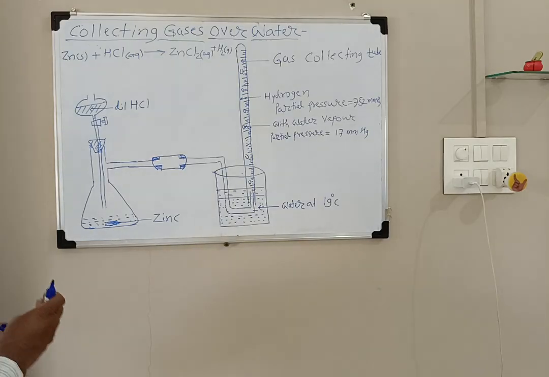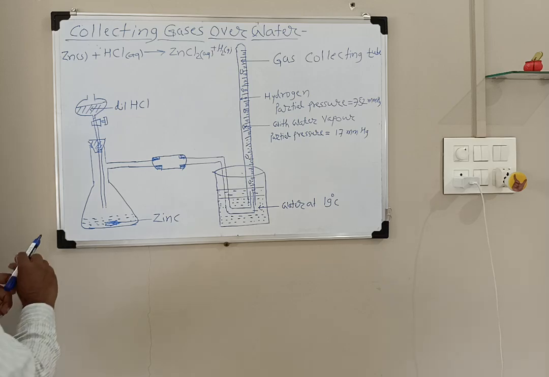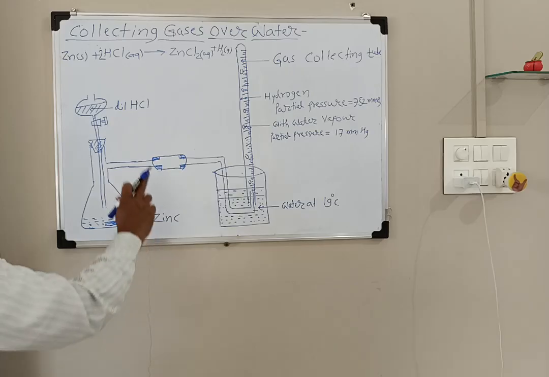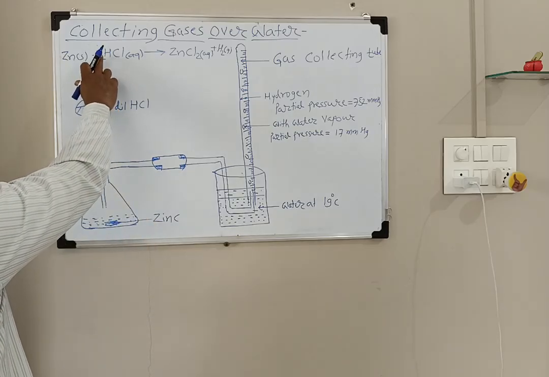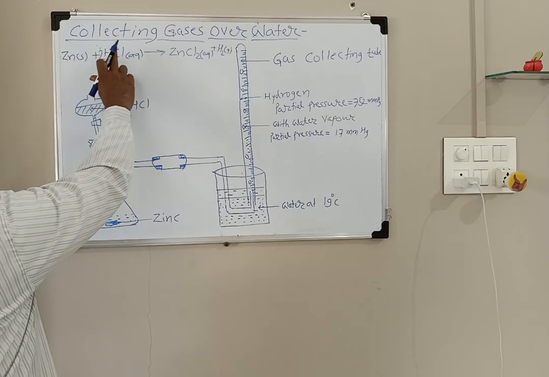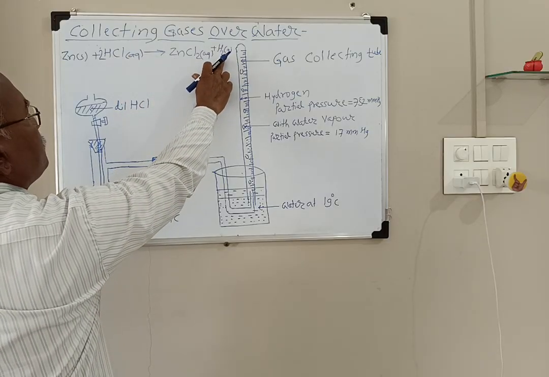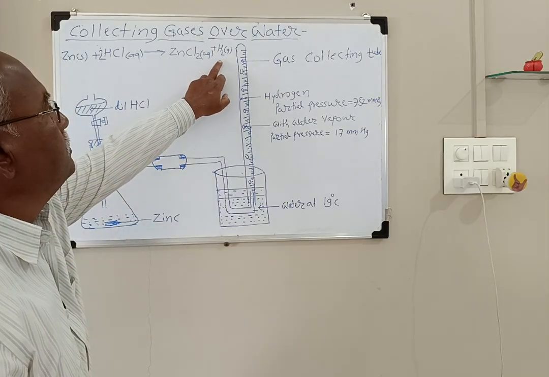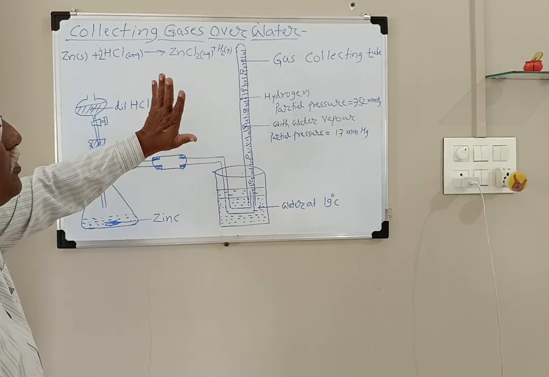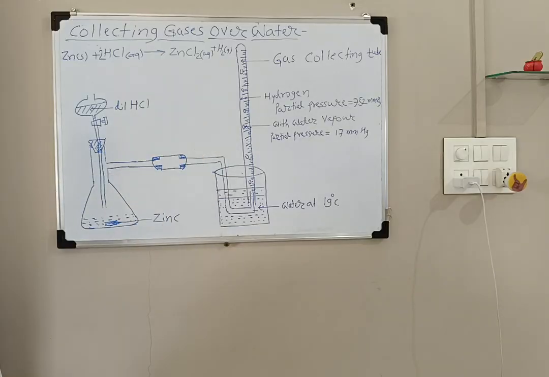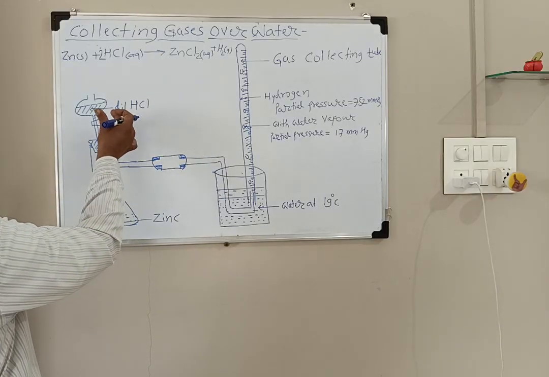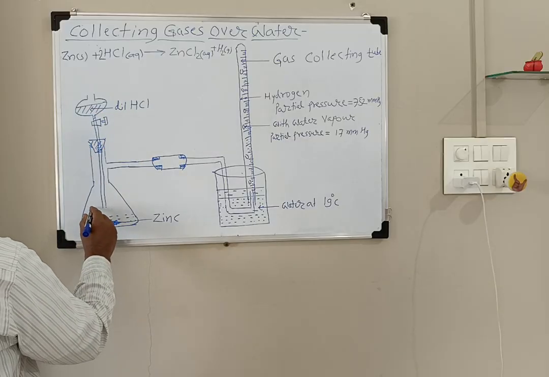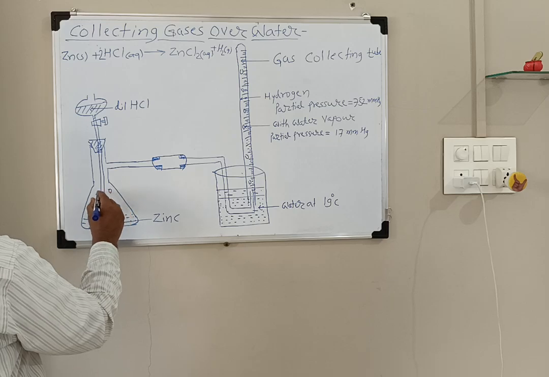Therefore, on the left hand side, take 2 times HCl. Here, the number of hydrogen becomes 2. On the right hand side also, there are 2 hydrogen atoms. Hydrogen molecule is formed, hydrogen gas is liberated. So, by opening the cork, HCl is added and the hydrogen gas is produced.